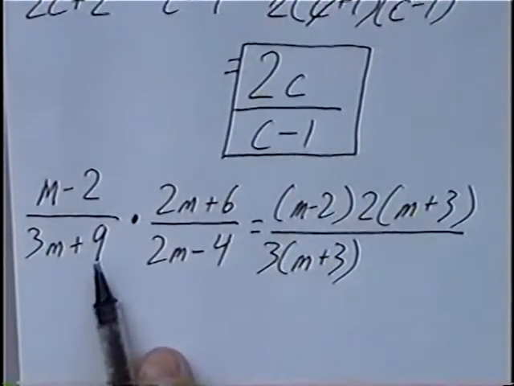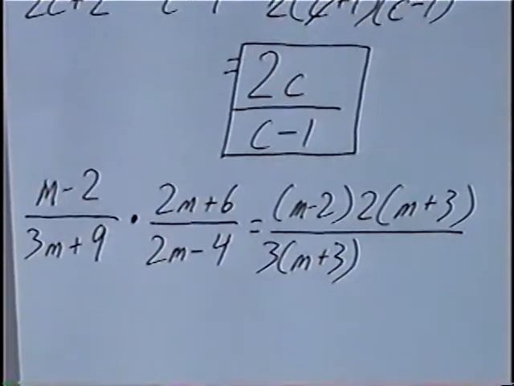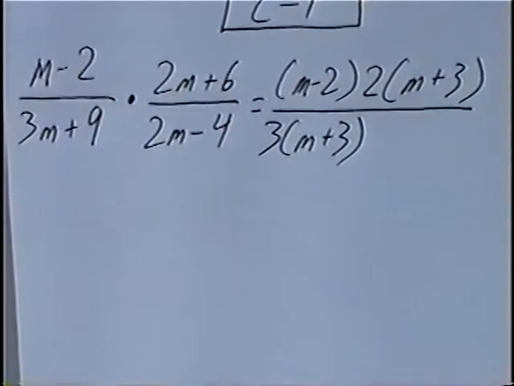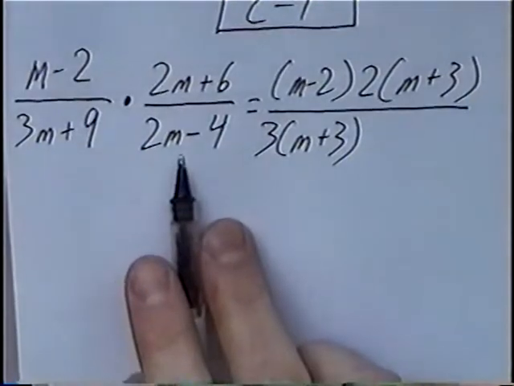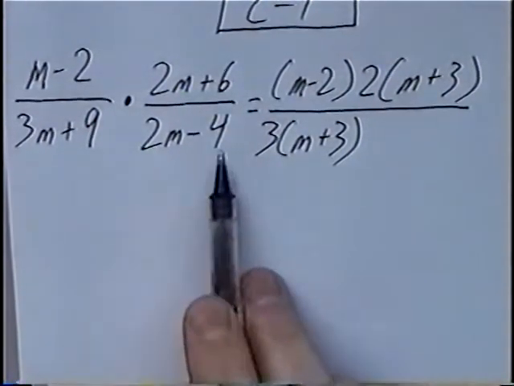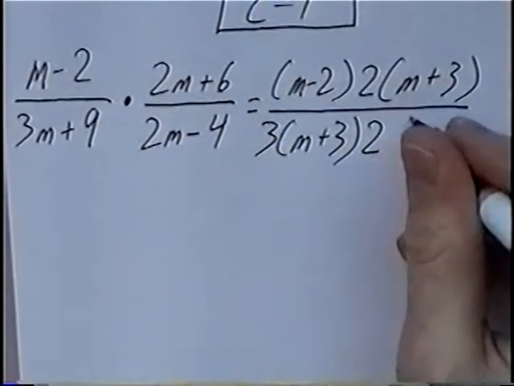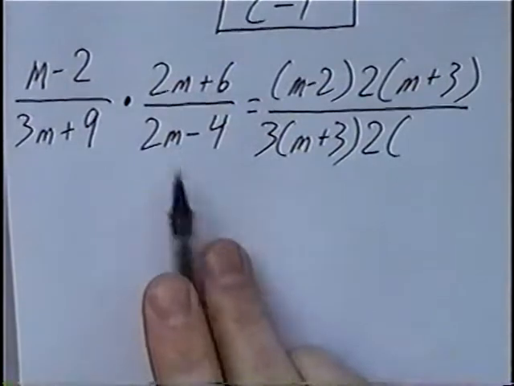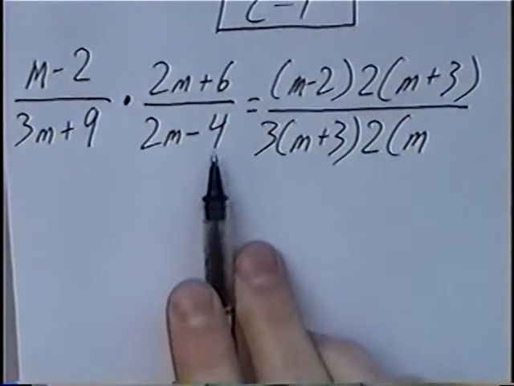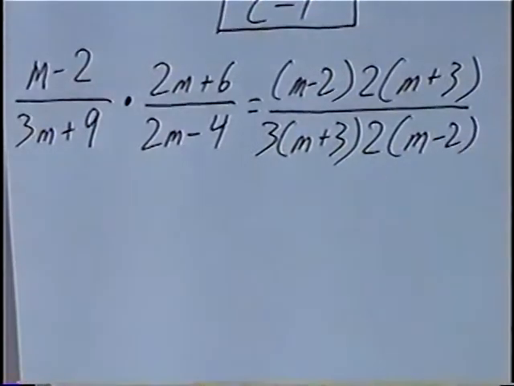So 3m plus 9 factors to 3 times m plus 3. Factoring the last denominator, 2m minus 4, we can take a 2 out of 2 and 4. Dividing by 2, we'll be left with m, and dividing by 2, we'll be left with a negative 2.